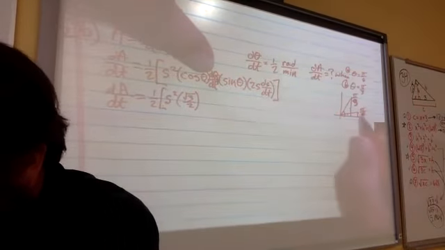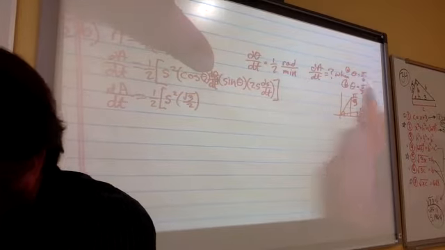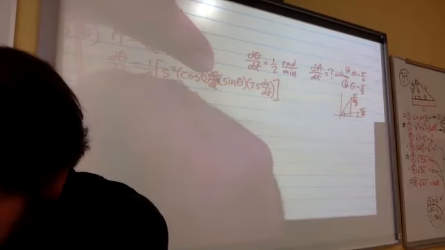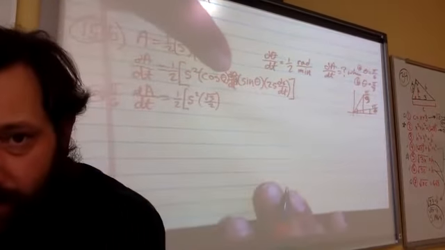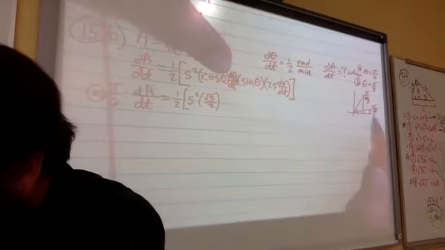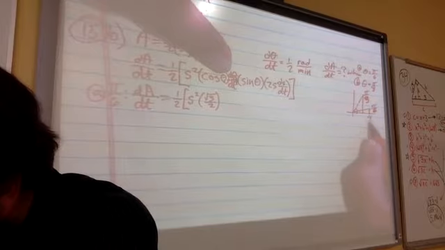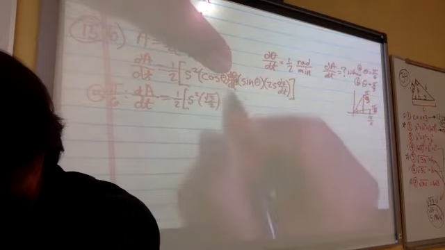So at pi over 6, I've got root 3 over 2 as my x value. Okay, so we'll keep going.